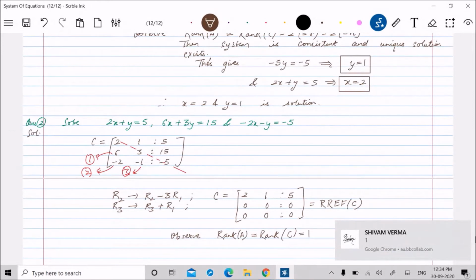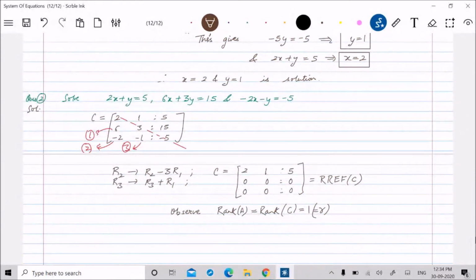Yes, the rank is 1. Okay, and this number is written as small r, and Muhammad Tabish also confirmed the answer that it is 1. Okay, Vikat Raj also saying 1. Less than what? This is less than 2, and 2 is the number of variables. So what do you hope for? You hope the system is consistent.